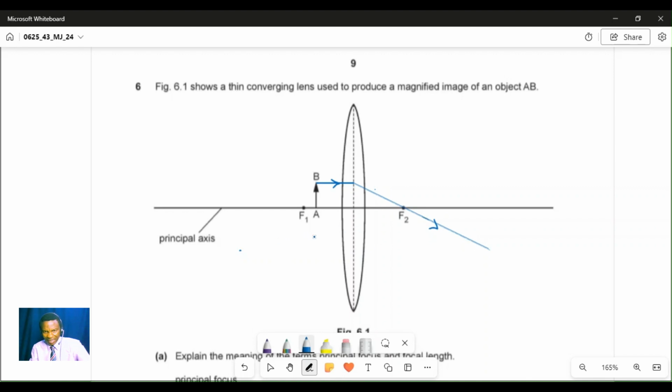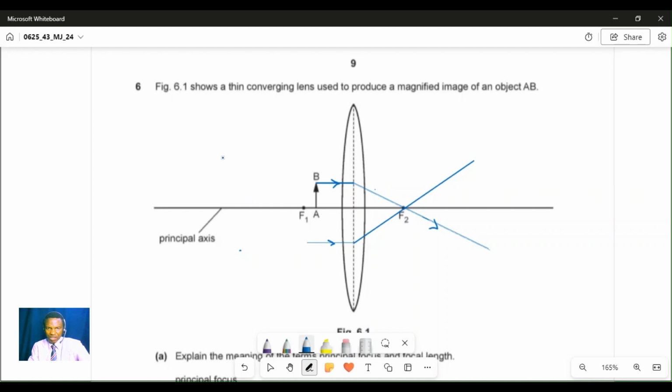I can take another one, assuming there was another ray at the bottom coming. If the ray comes here parallel to the principal axis, on passing through the lens it will also pass through the principal focus. This is what we call the principal focus. Then the distance between the principal focus and the center of the lens is called the focal length.